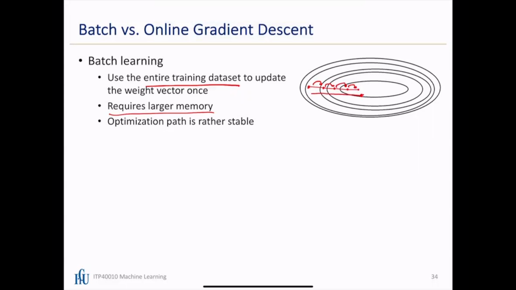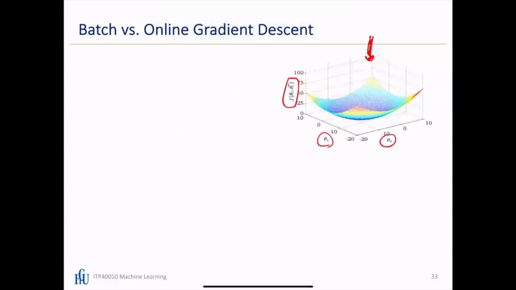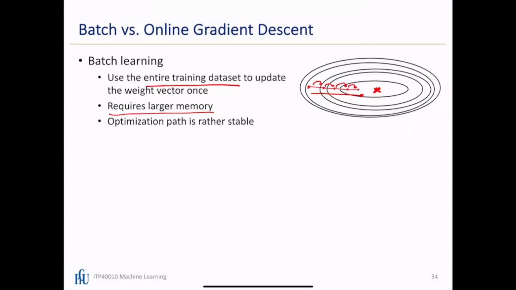Maybe what you're looking for is somewhere around the middle, because we are going to go to the lowest point. In terms of the error, this is what we are heading to, and in terms of this contour, we are going to this center. So we are heading towards this direction consistently. That's the benefit of batch learning. The learning process is rather stable.